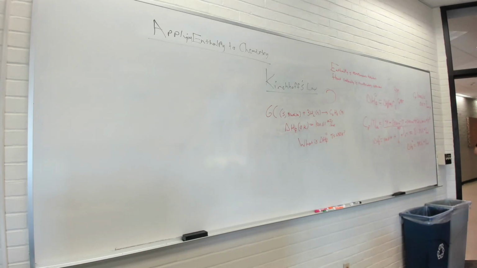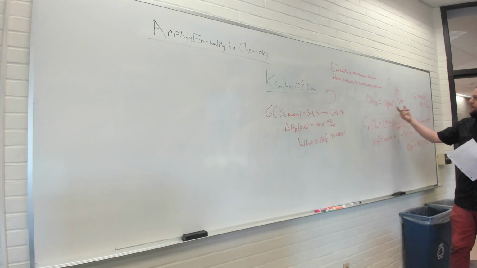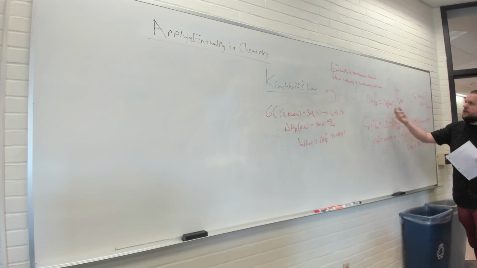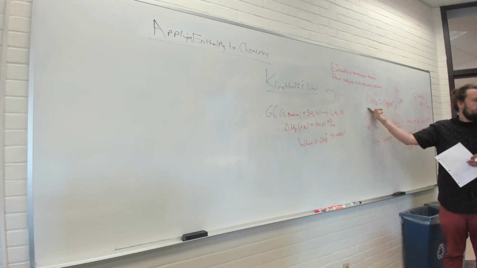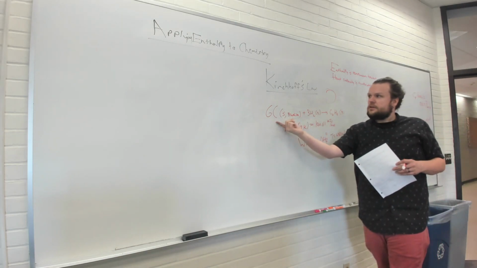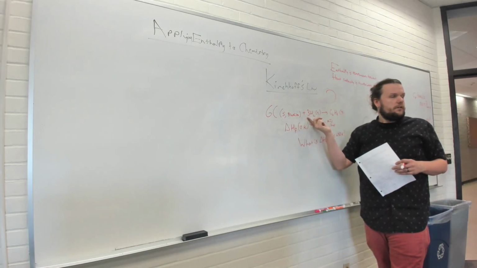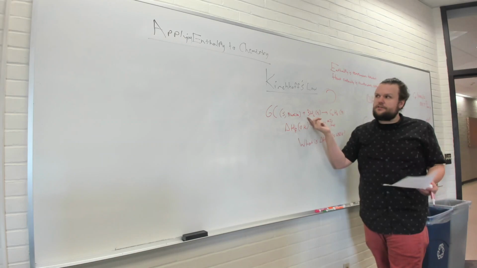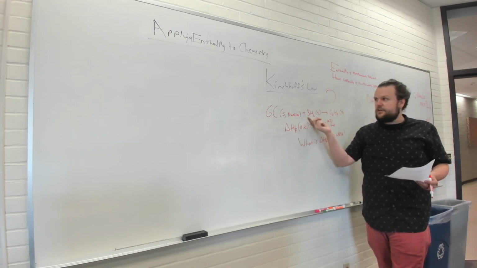Notice that even though this seems complicated, it could be a lot worse. Because the advantage is that the enthalpy of formation at 298 Kelvin for our starting products, carbon and hydrogen, is 0, and it's also 0 at 298 by definition. It doesn't change.